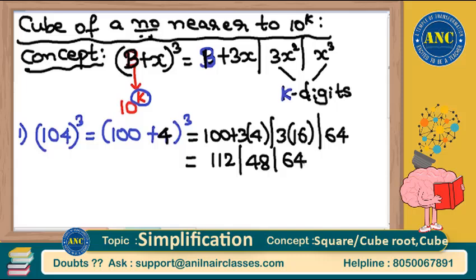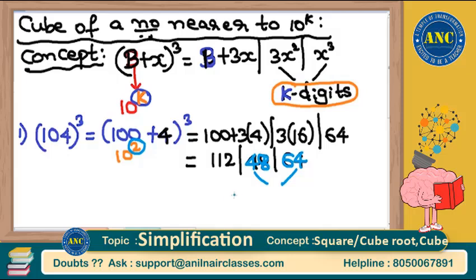Now what is it they are saying? Think logically, sir. The last two positions should have k digits. k is the power of 10 in the base. 100 is 10 power 2, so the k value is 2. The last two positions should have 2 digits. Is 64 written in 2-digit format? Yes it is. Is 48 written in 2-digit format?